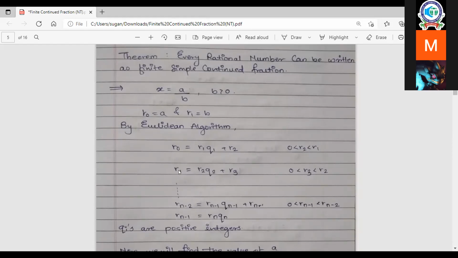Next we get R1 equal to R2 Q2 plus R3, where R3 is less than R2 and greater than 0, and so on, and we keep on going until we get Rn minus 2 equal to Rn minus 1 times Qn minus 1 plus Rn, where Rn is less than Rn minus 1 and greater than 0. And the last term we get is Rn minus 1 equal to Rn times Qn, where we do not get any remainder here.